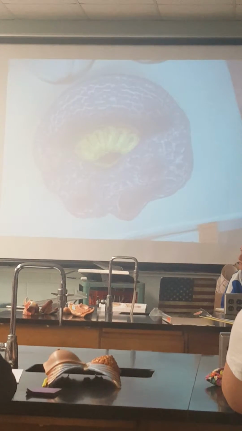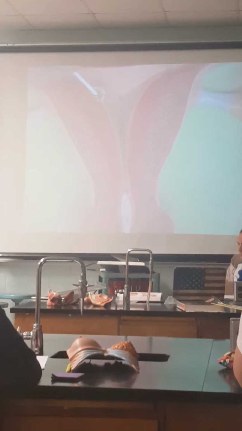Okay, so that's that one. And just to put things in perspective, we were looking at a model yesterday of the uterus. That last thing I showed you, the blastula that implanted, here it is, just tiny.